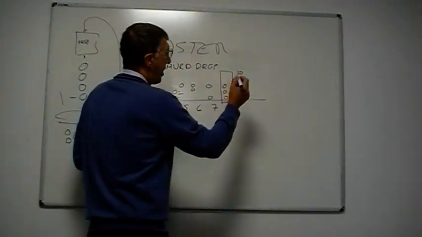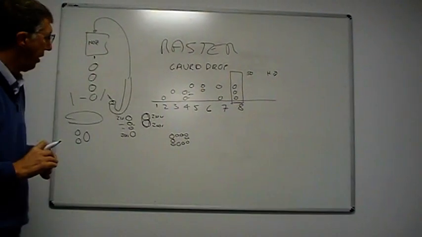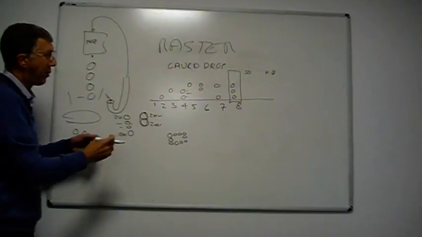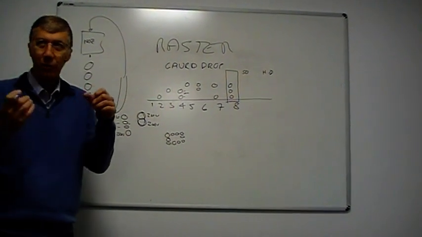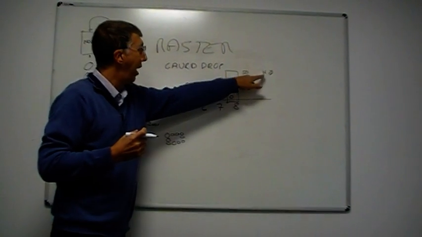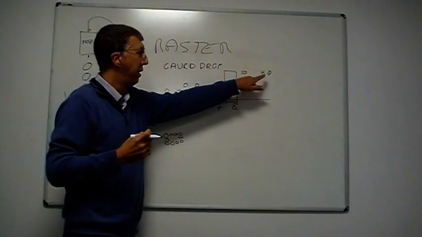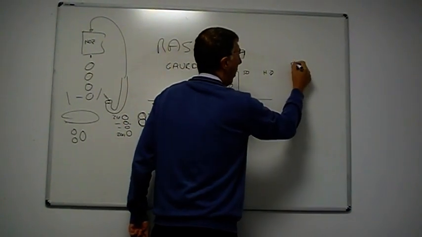So if you were, for instance, having a high quality raster, these are HQ rasters, you would put lots of guard drops in and you would neutralize the effect as best you can of the drops on each other. That means that a high quality raster will be slow. Its speed is slow.